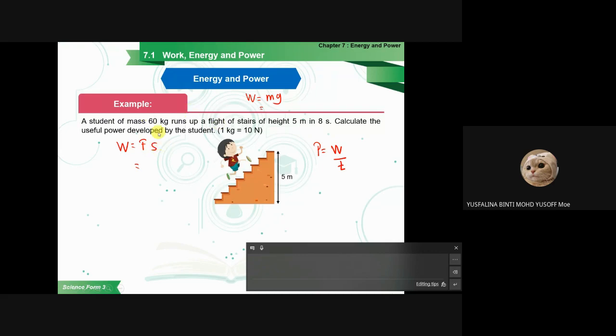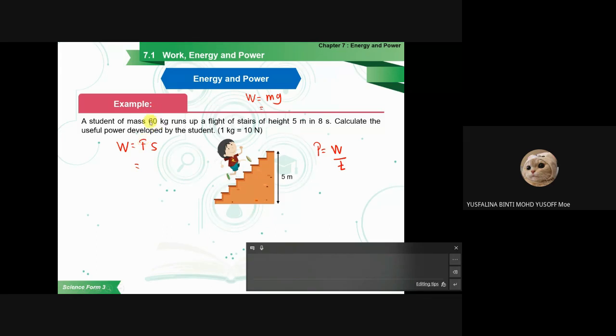But there is no force given here, like 200 Newton. They didn't give you any force. So where does the force come from? The force comes from the mass of the student. But the mass of the student here is in kg, while force must be in Newton, so you have to change kg to Newton.